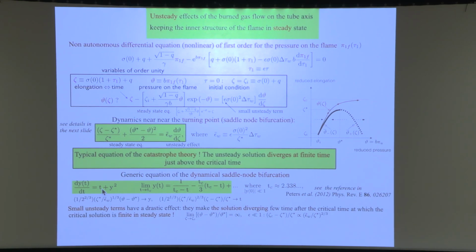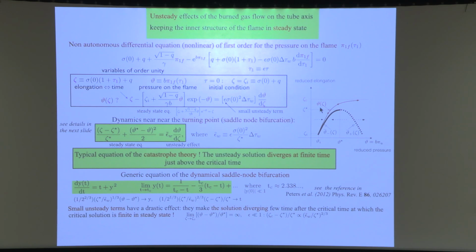The solution of that is of this type, 1 over Tc minus T. So you can understand simply by this simple model how a small disturbance, a small derivative term, changed drastically the solution. Now, what is even clearer is that the smaller epsilon tilde is, the smaller is the distance between the two critical values.